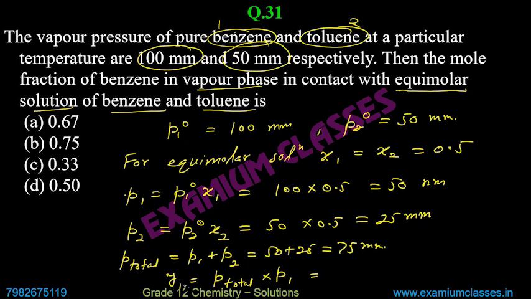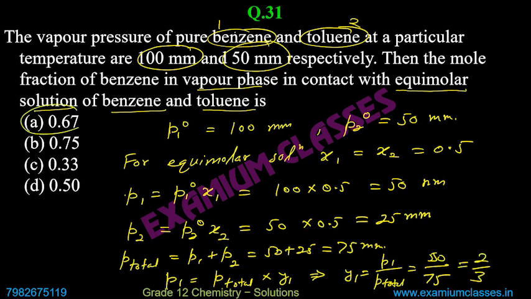No, I have written opposite P1 here. Okay. So P1 will be P total into Y1, and we have been asked to calculate Y1. So Y1 will be P1 divided by P total, and P1 we have calculated as 50. P total we have calculated as 75. So 50 divided by 75 will be 0.61. 2 by 3. 2 by 3 means 0.61. It means A will be the correct answer.